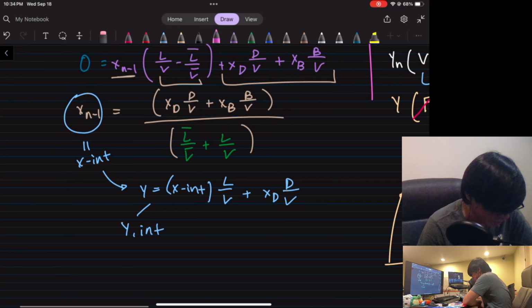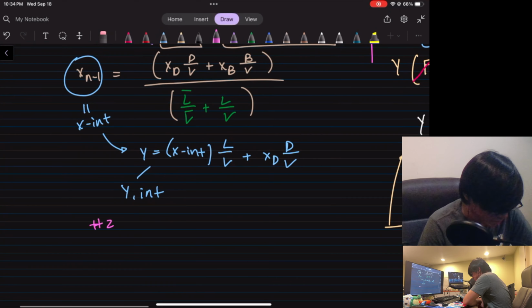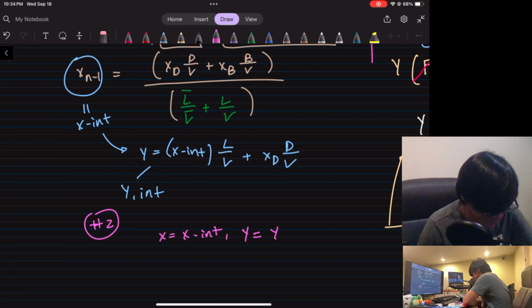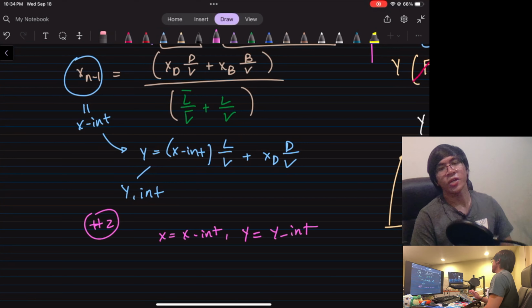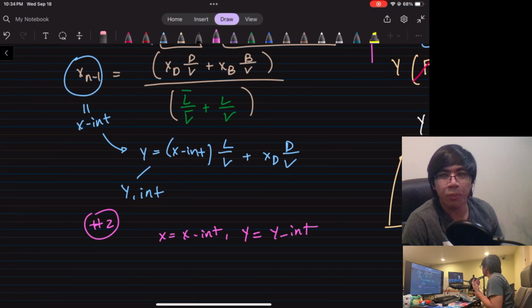Now we have our second point, which will just be coded as x equals our x intersection, y equals our y intersection. Cool. We have 2 points to graph all our operating lines.